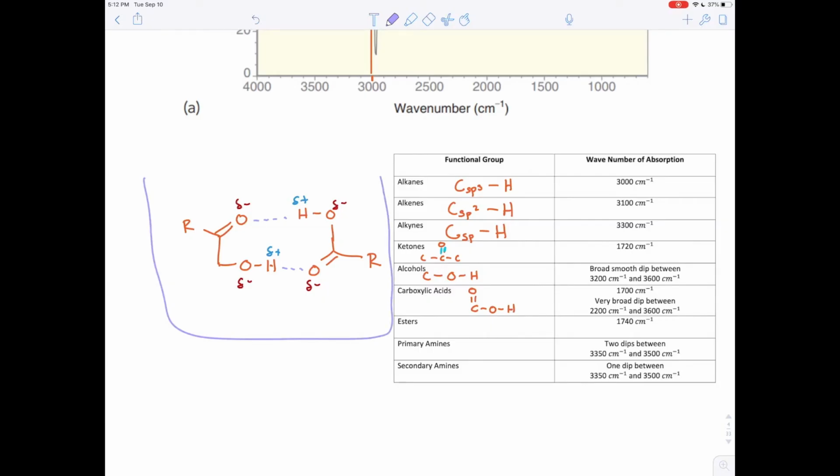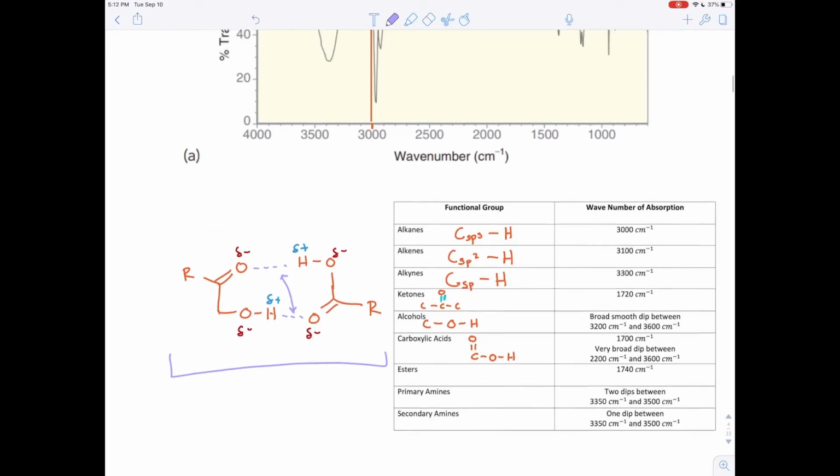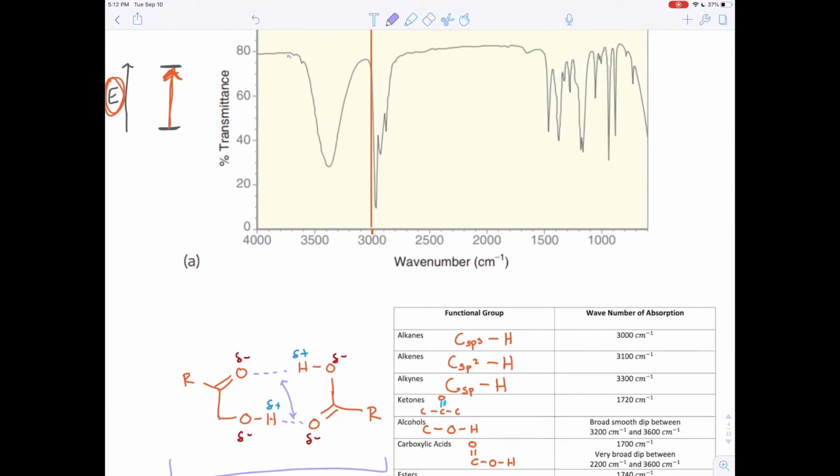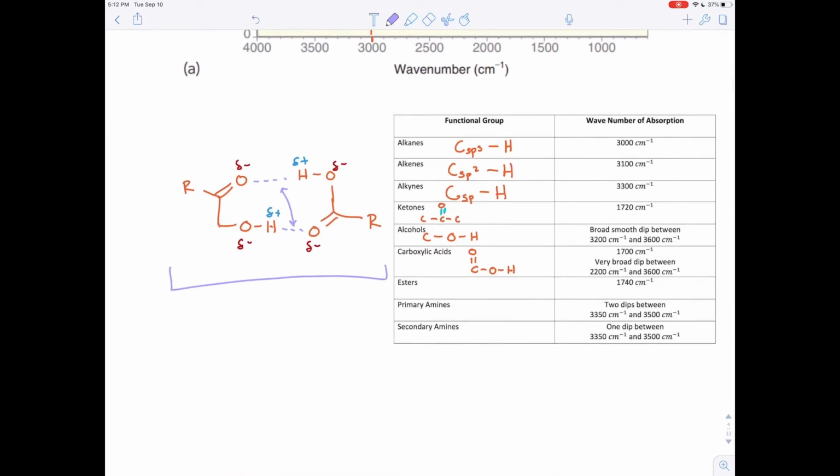This is called a dimer. But carboxylic acids line up really well to form these intermolecular forces, and it's because they tend to have so many intermolecular forces that the signal gets spread out so much, because you have a huge population of these molecules.